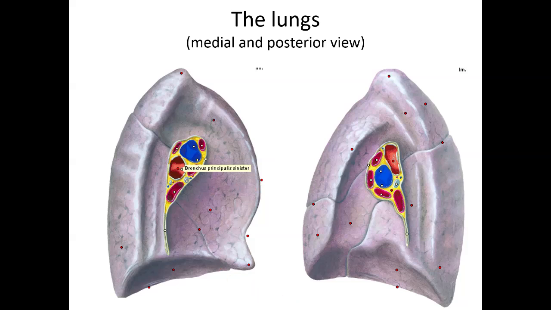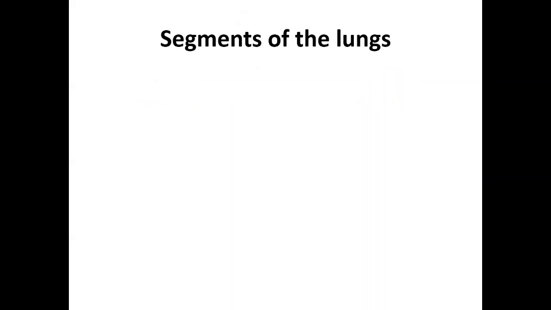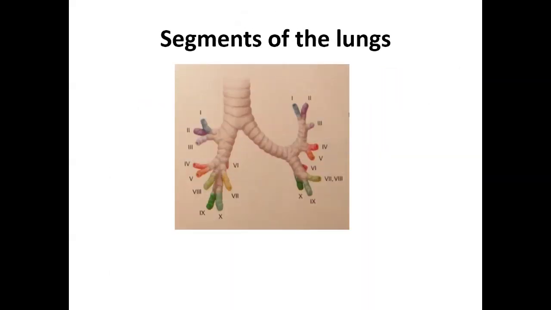So we should know the name of each segment and understand that inside of each segment enters the bronchus segmentalis, which is bronchus of third order. So let us look at this picture and try to recognize. This is trachea. This is principal bronchus, bronchus principalis, dexter and sinister.